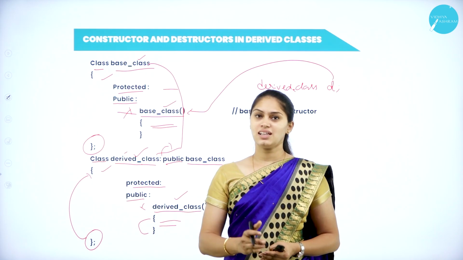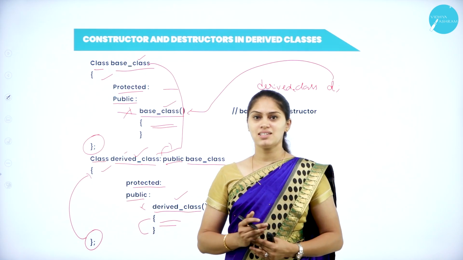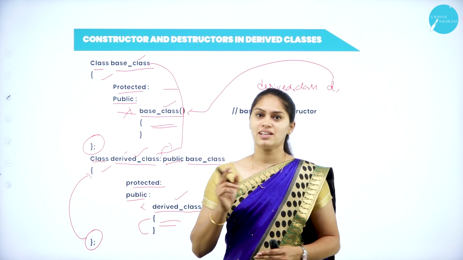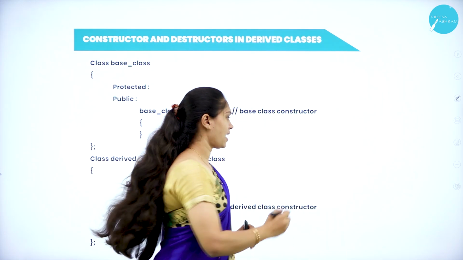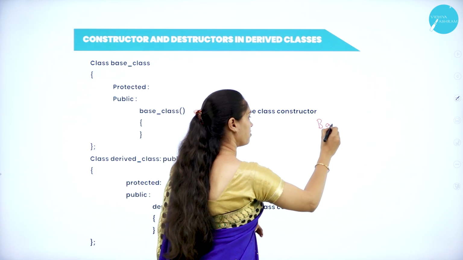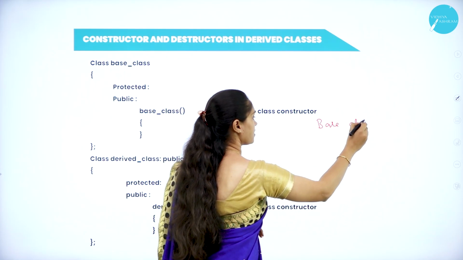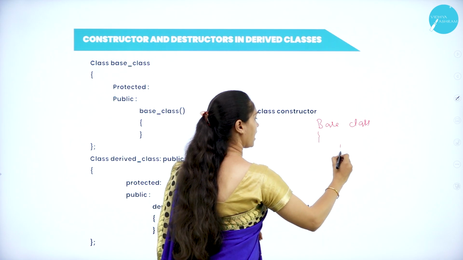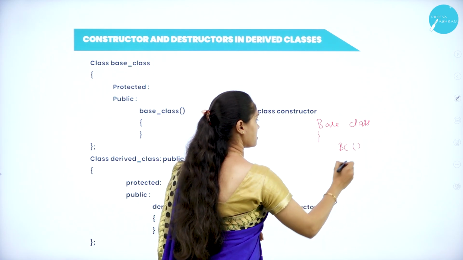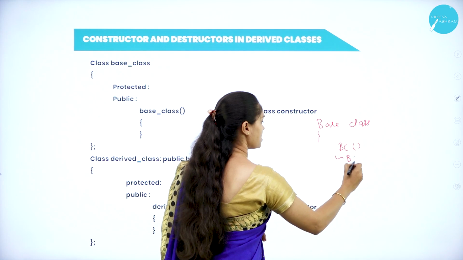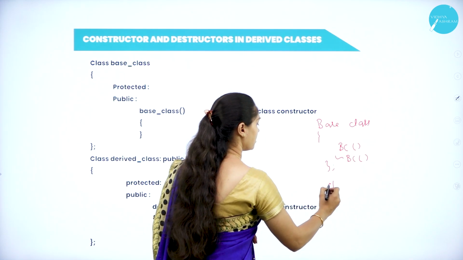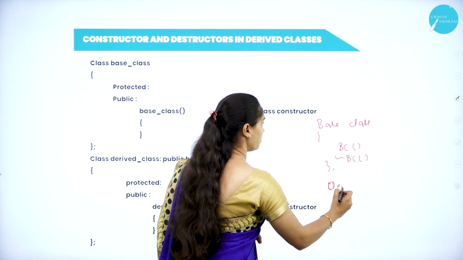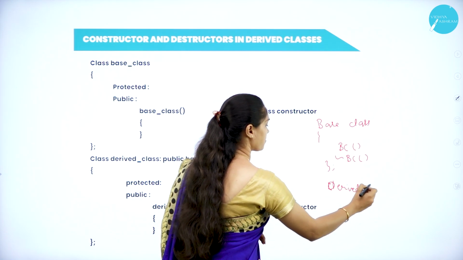So these are the things which you must understand regarding how to use constructor and destructor in the derived class. Remember one thing, I have a base class. In that I have a base class constructor as well as a base class destructor, and I have one more, that is the derived class.